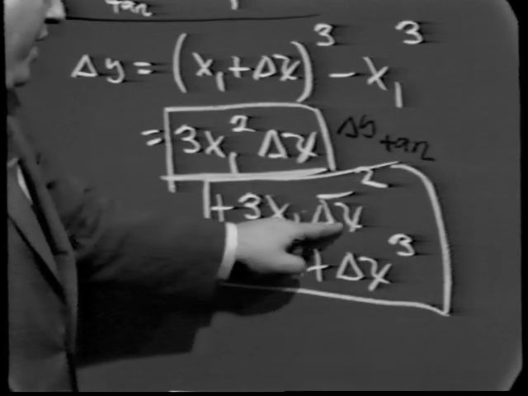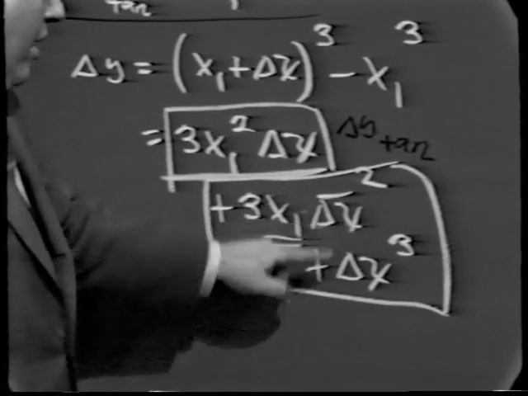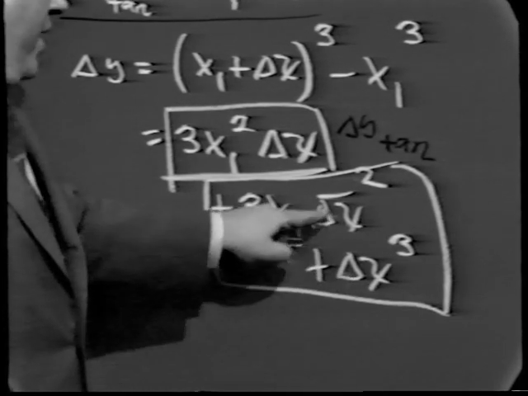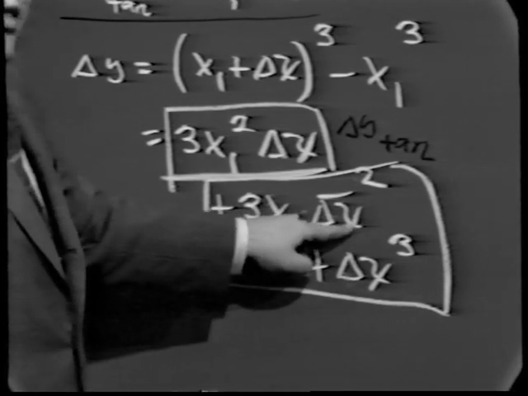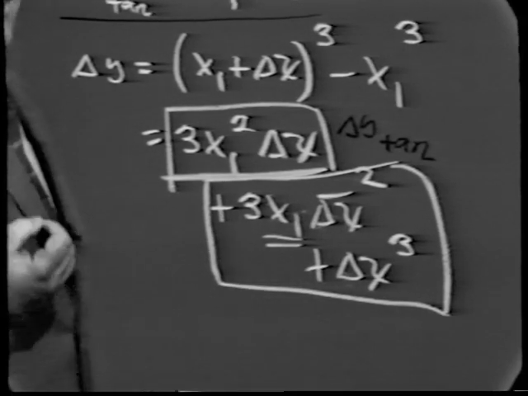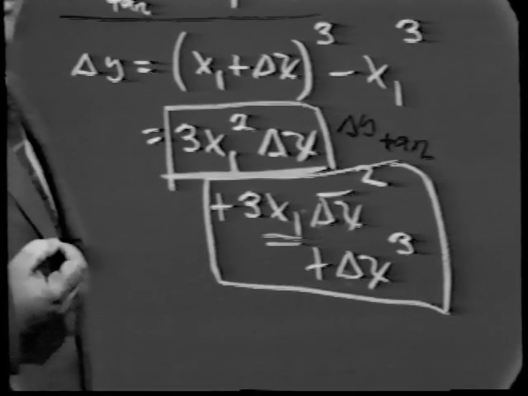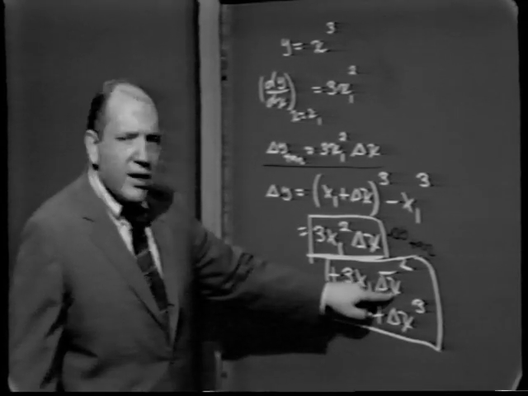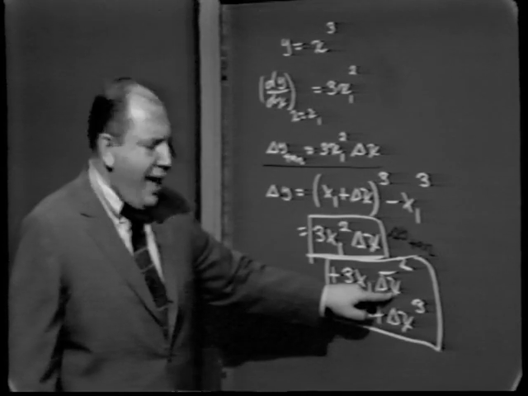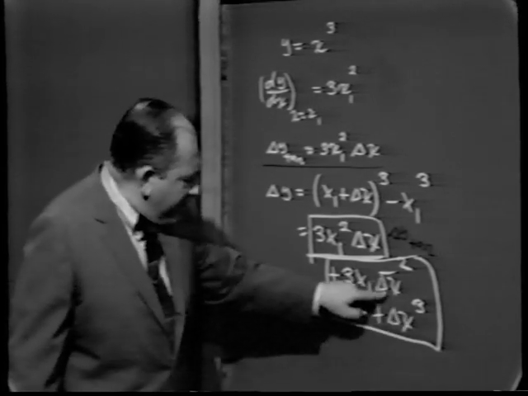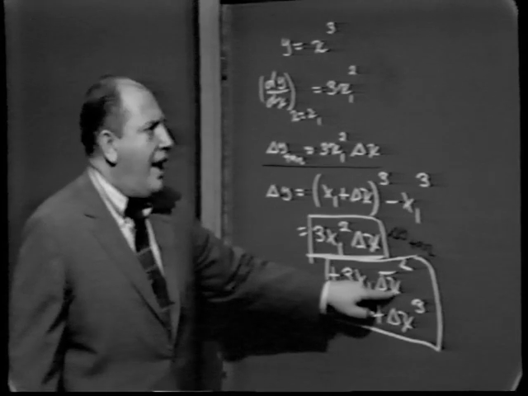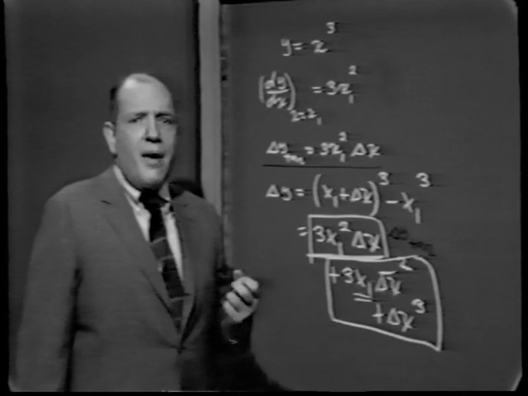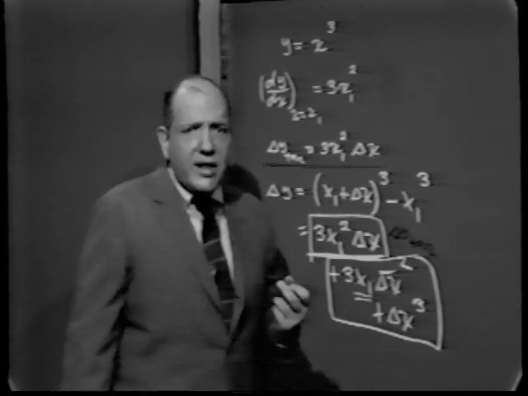In other words, notice over here that as delta x gets small, both of these terms get small very rapidly, because you see when delta x is close to 0, the square of a number close to 0 is even closer to 0. But you see, the important thing for now is to notice that this is the error in approximating delta y by delta y tan, and that this error depends both on x1 and delta x. And the question is, can we state that in a little bit more of a mathematical language? The answer, of course, is that we can.